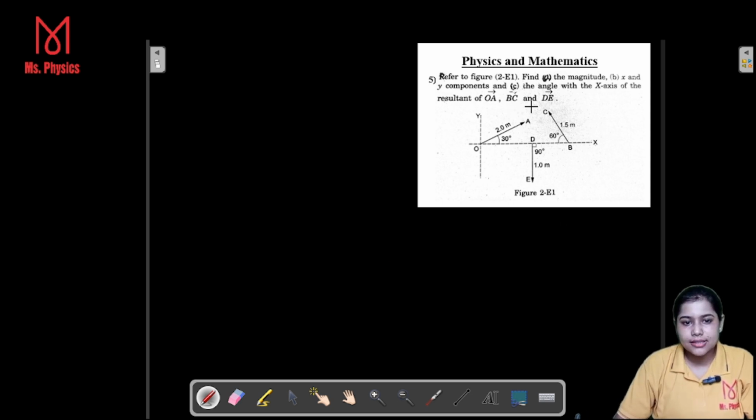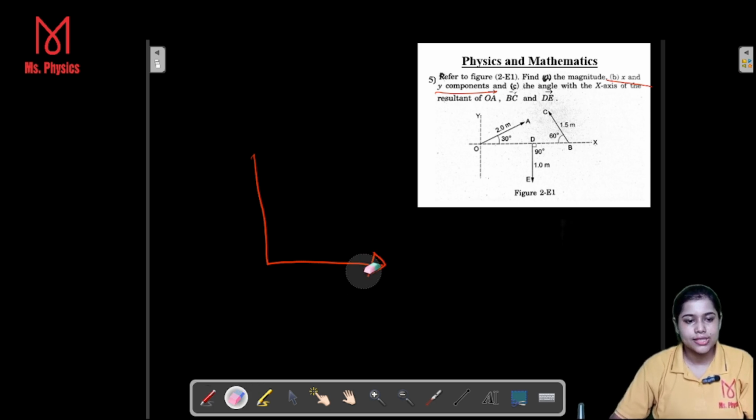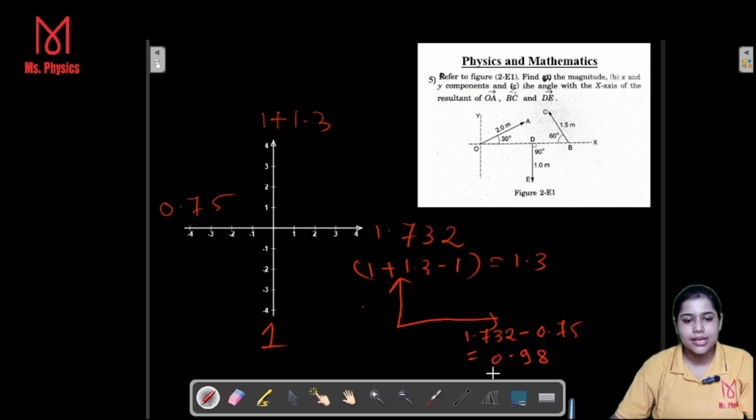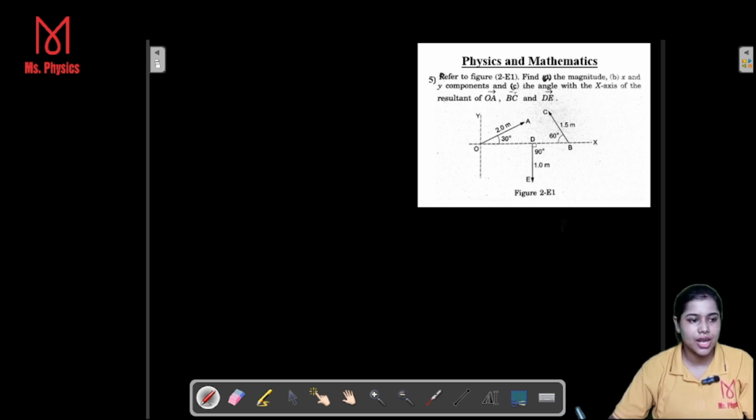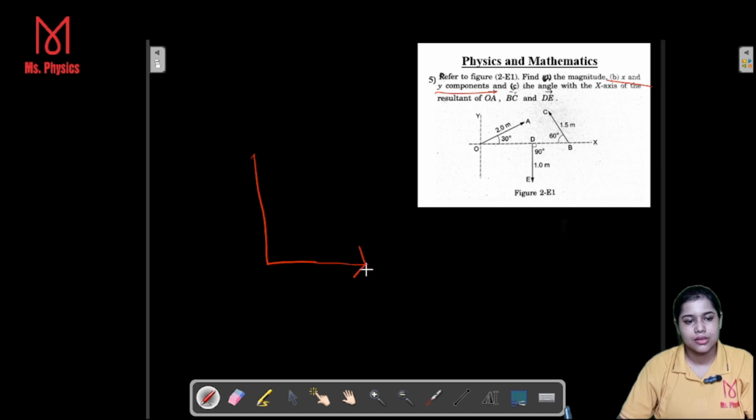So you see that we have calculated the x and y components. Now you have to find out the resultant magnitude. You know that ultimately along the positive x-axis you are getting the value of only 0.98, so you just write it down here, and along the y-axis you have 1.3.